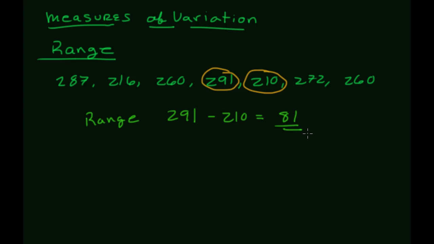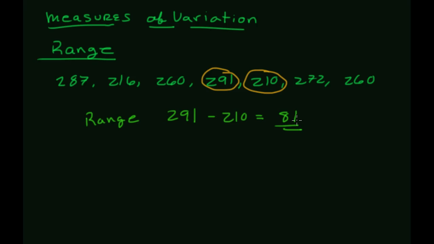So the range gives me an idea about, if I have the entire data set, how far apart the numbers are at their furthest point. That gives me a quick way to get a measure of variation. It's not very descriptive, but it's a fast way to compare the variations of two different data sets.